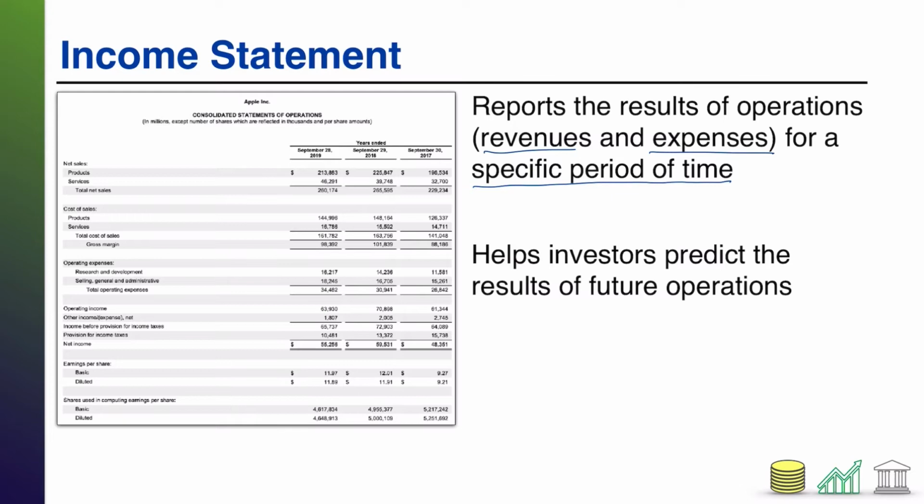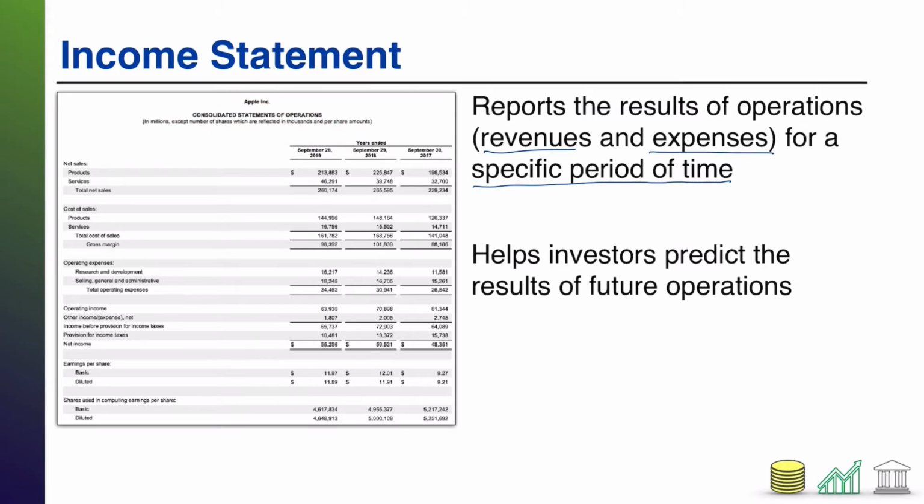That phrase is very important because most financial statements do cover a period of time. It might be a quarter, it might be a year. The statement will specify what it covers. If we look over here on the left, I have an example pulled from Apple. Notice their income statement is not called income statement. It's called Consolidated Statement of Operations. And that's exactly right.